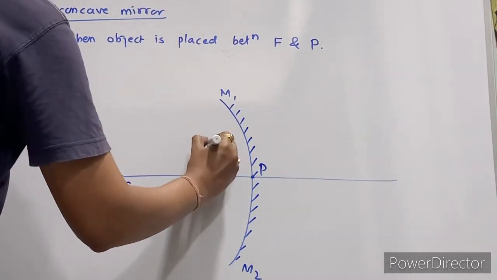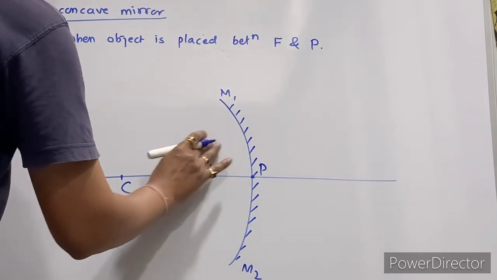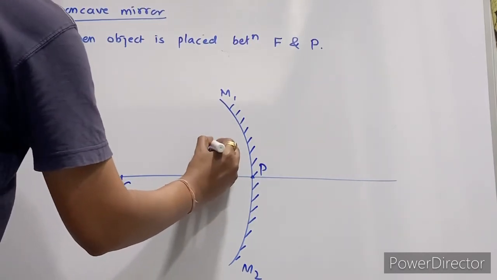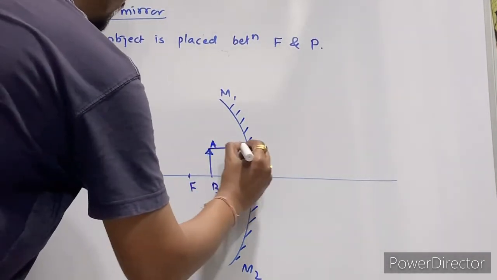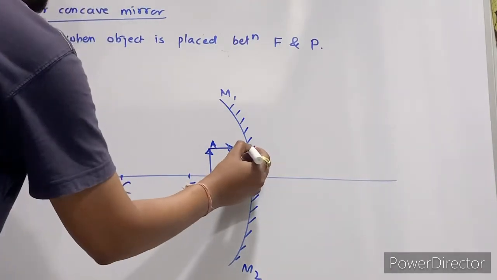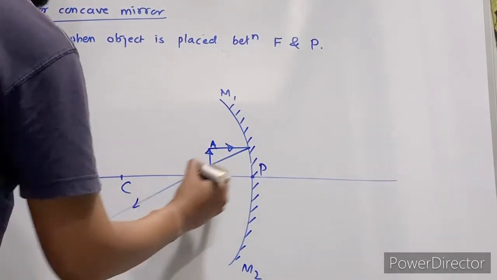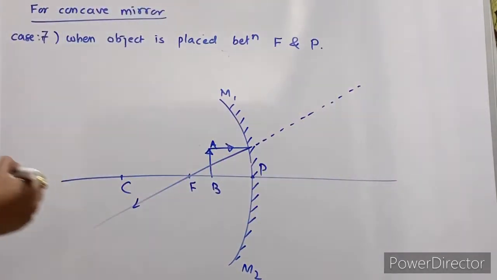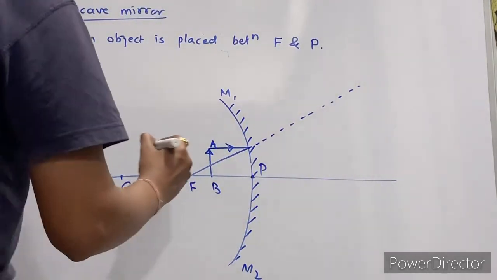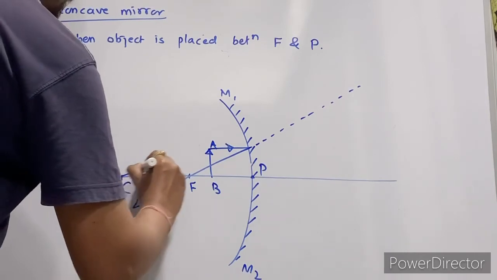Now the object is placed over here. AB is my object. For this object, the first ray will go parallel to the principal axis. It will pass through focus, right? And over here it will go dotted line. Second ray, I will join this AC.